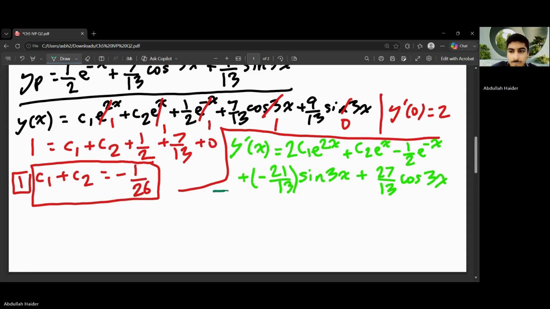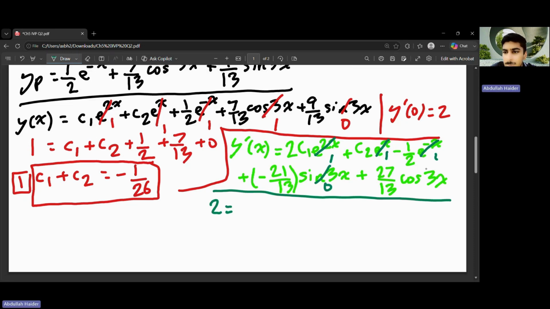So you have 2 is equal to, now if I substitute a 0 here, this becomes a 1, 1, 1, this becomes 0, this becomes 1. So 2 is equal to 2c1 plus c2 minus half, so this is already a 0, plus 27 over 13.